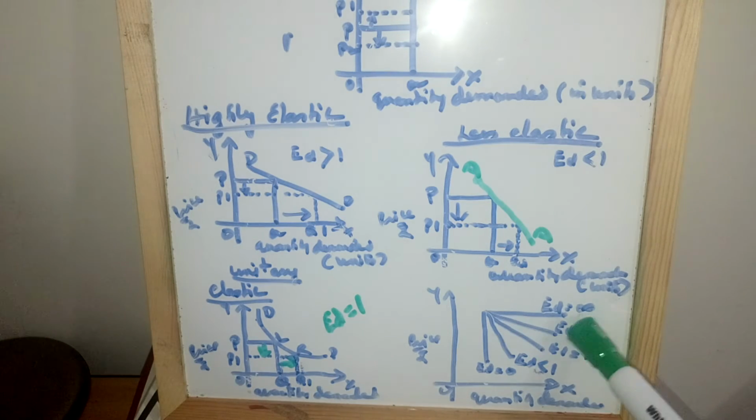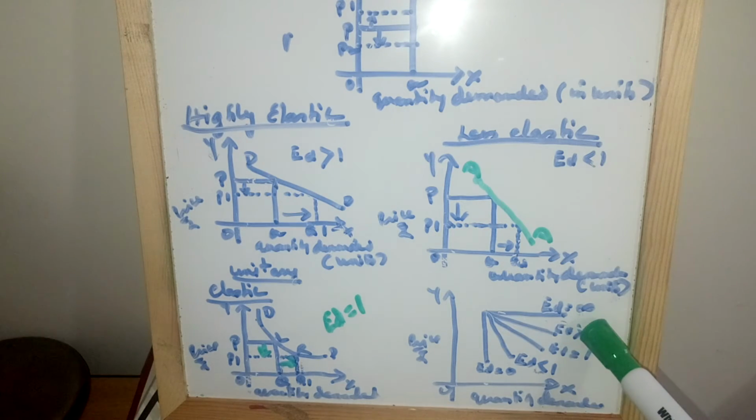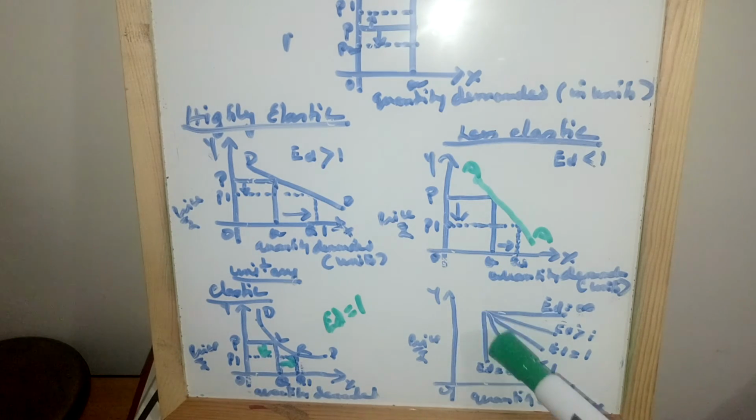This one, highly elastic. That is, percentage change in demand is greater than percentage change in price. The next one, ED is less than 1. Percentage change in demand is less than percentage change in price, that is less elastic.